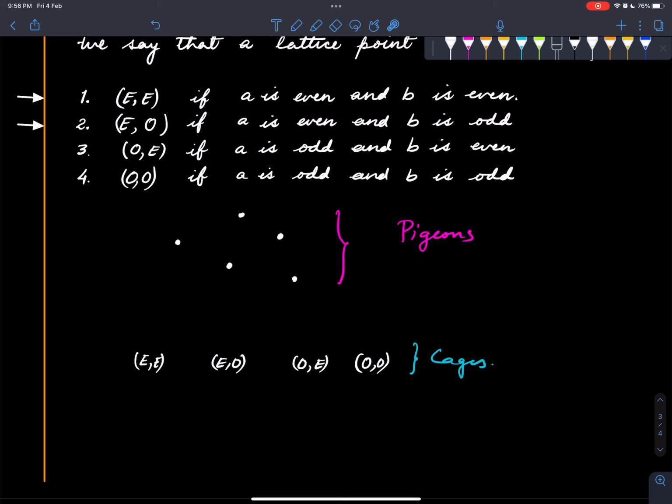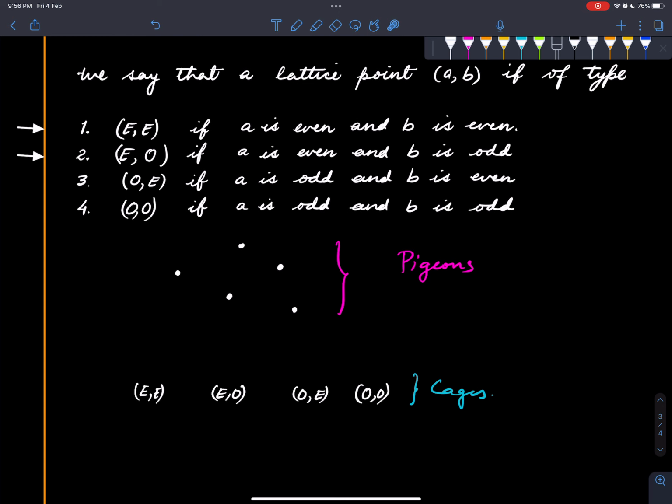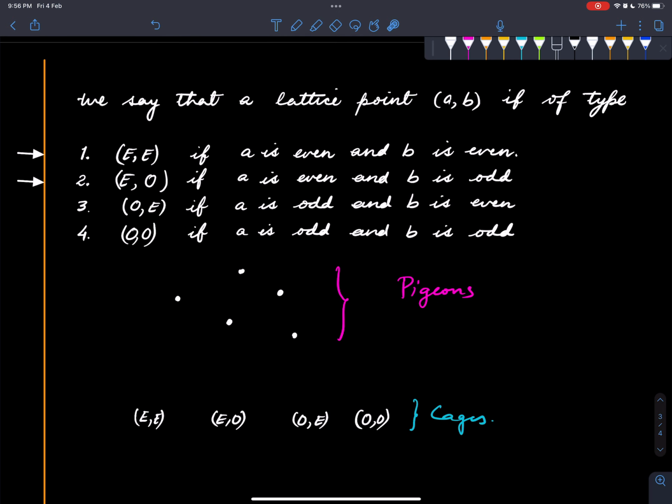So the first entries of these 2 points have the same parity, and the second entries also have the same parity, and therefore their midpoint is also a lattice point. So that finishes the proof. A very simple application of the pigeonhole principle. Not at all a hard puzzle, but maybe if you're seeing this kind of thing for the first time, it may seem a little bit non-trivial.